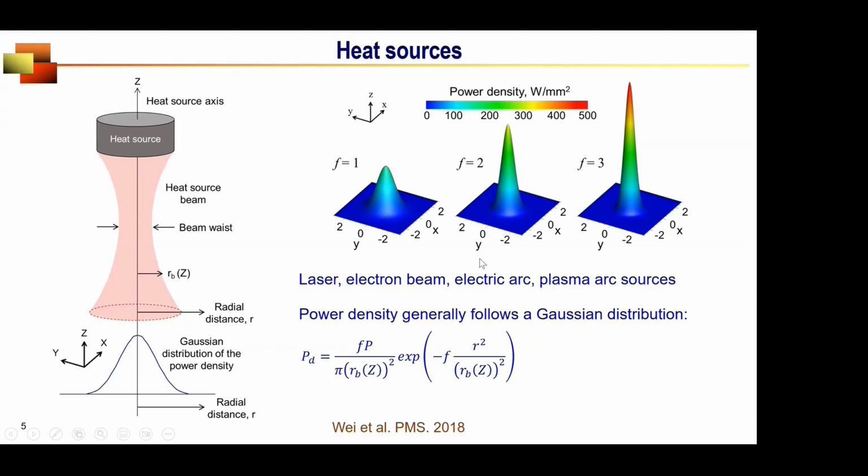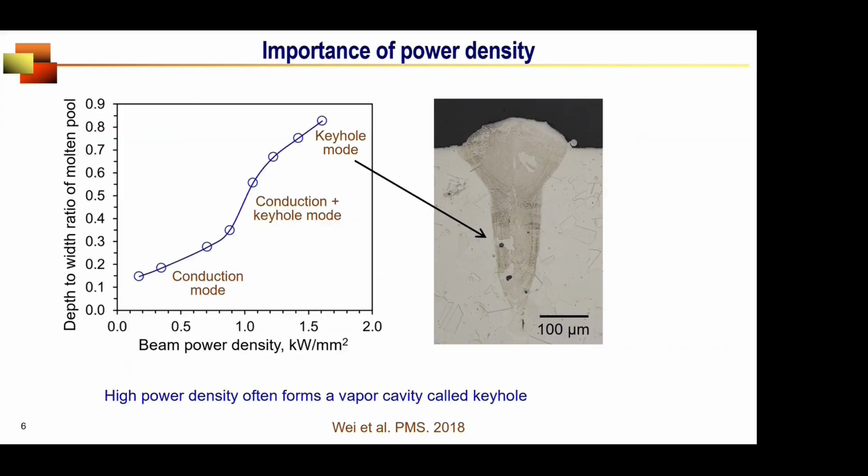If you look at these three profiles of power density distribution for three different values of this parameter F, that is a distribution parameter, we can have a very sharply focused beam to a not so sharply focused beam and some intermediate focusing that is shown here. So power density distribution is very important because it determines the mode of interaction between the heat source and the material.